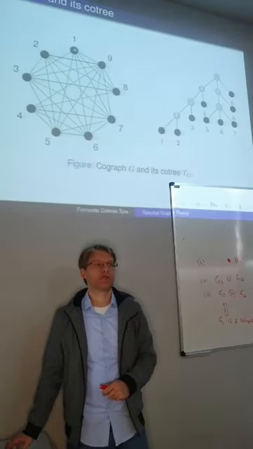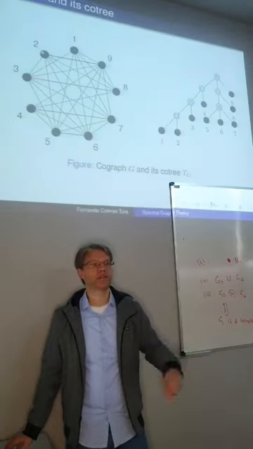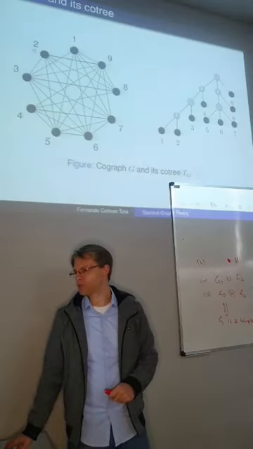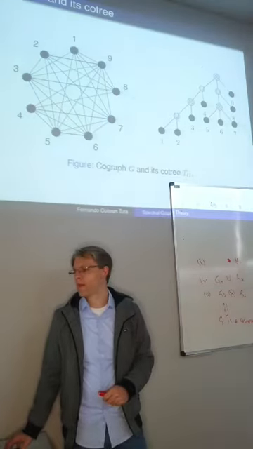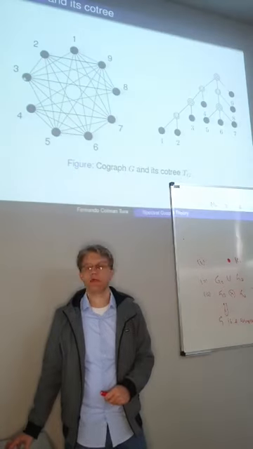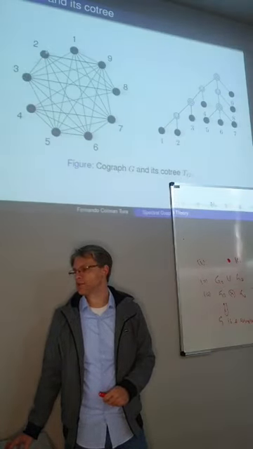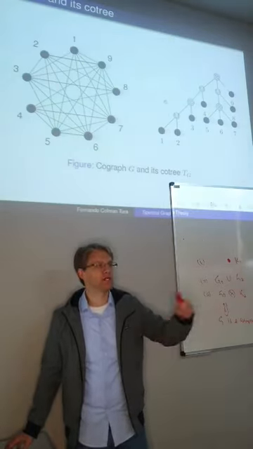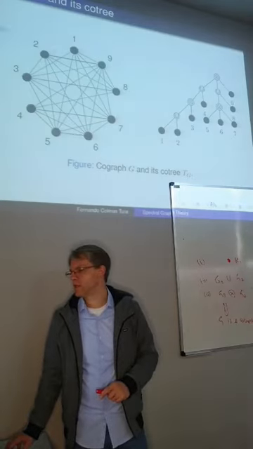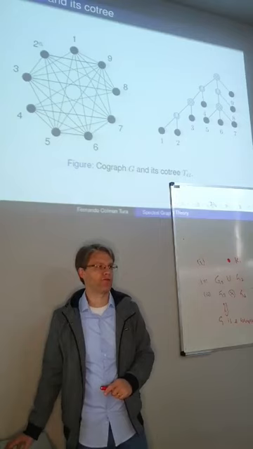That means vertices 1 and 2 are obtained by a union. How to represent this on the tree? I put here vertex 1, vertex 2, and as their father, I put the union. After that, vertex 3 is joined with vertices 2 and 1. That means I put vertex 3 here, and I did a join with vertices 1 and 2. Using this idea, and so on, we obtain the cotree of this cograph.